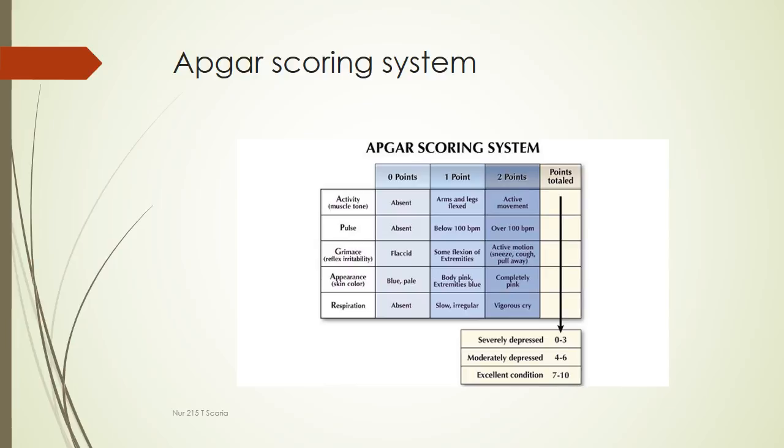I believe in your book it says for 2 points under grimace, vigorous cry, which is also correct, but this is what I use mostly, and I have seen it as a commonly used chart. Active motion, pulling away, sneezing can all go under reflex irritability. And also if the baby is crying vigorously, that can be considered the same as score 2 for reflex irritability.